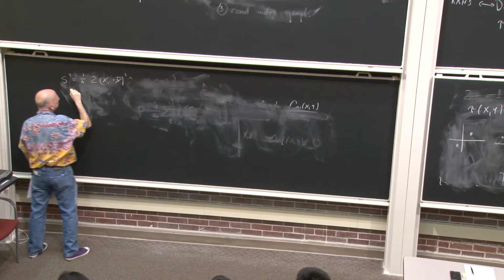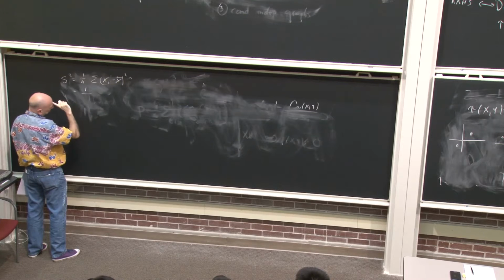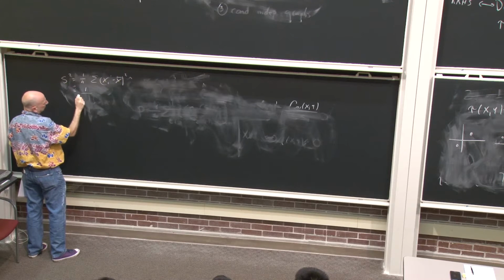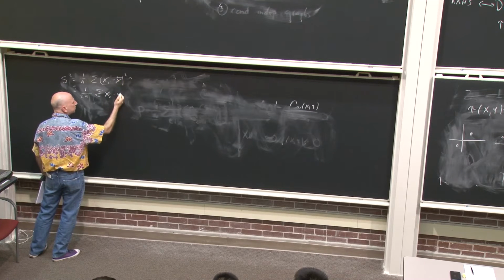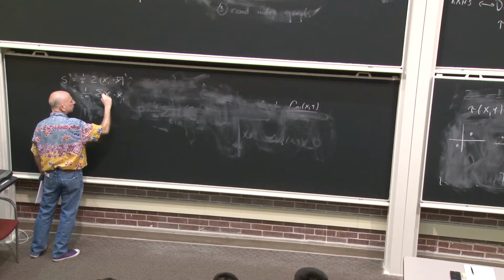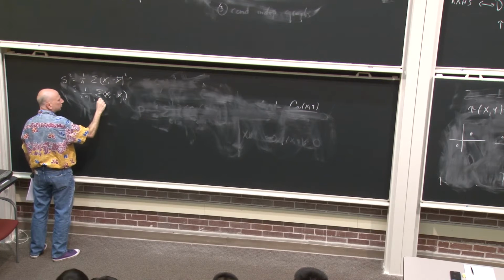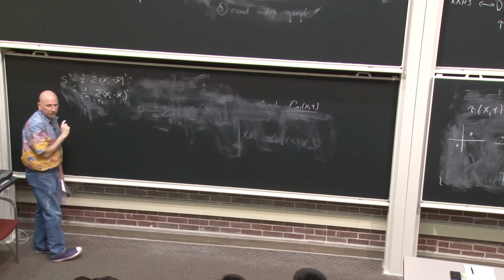But it can also be rewritten, and I might be off by a 2, but something like this, as the difference between all pairs. And this form is called the U statistic form.